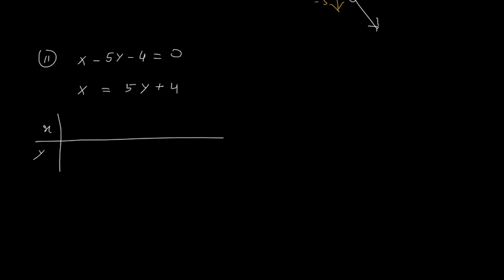When I take y as 0, I get x as 4. When I take y as 1, I get x as 5 plus 4, 9. And when I take y as minus 1, I get minus 5 plus 4 as minus 1.